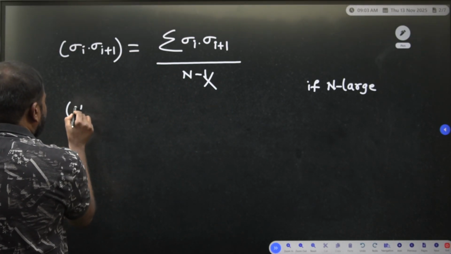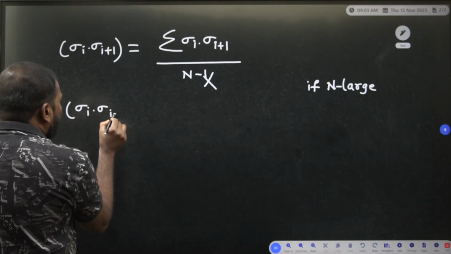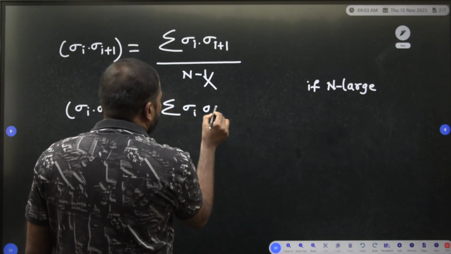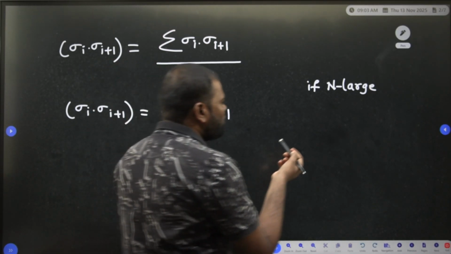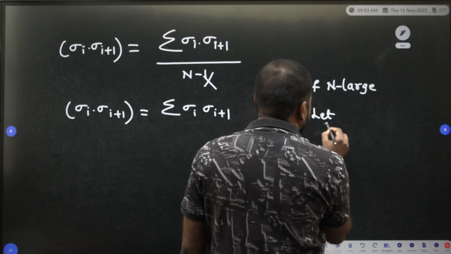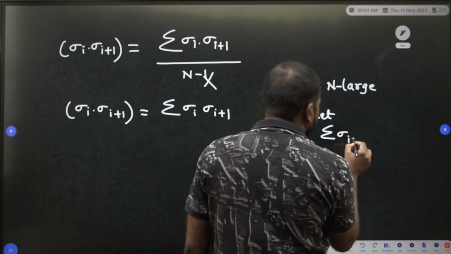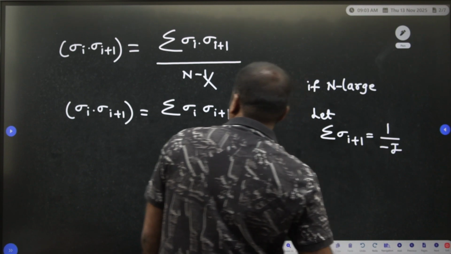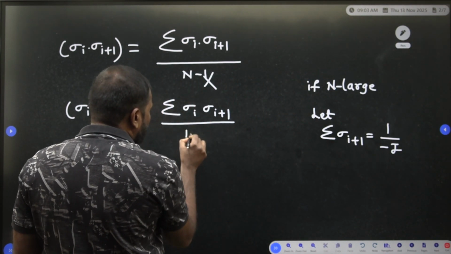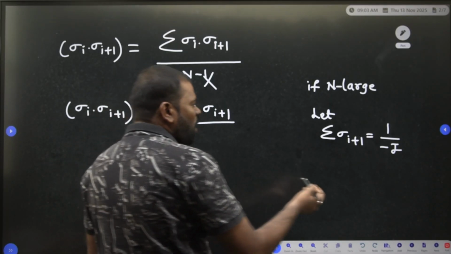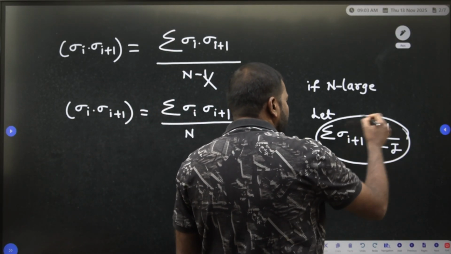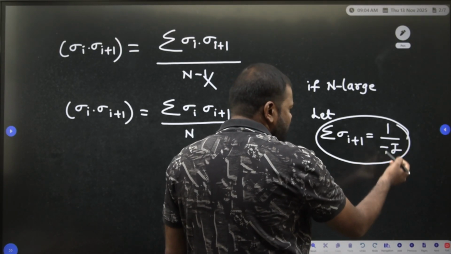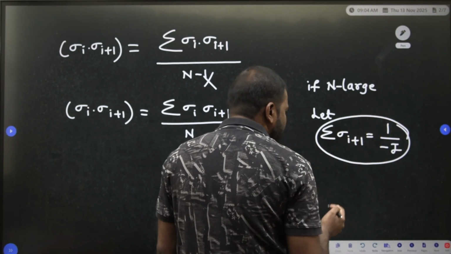So we can write sigma i sigma i plus 1 as the summation of sigma i sigma i plus 1, divided by n. Here it is taken as 1 by minus J, where J is the coupling strength between the two neighboring sites.